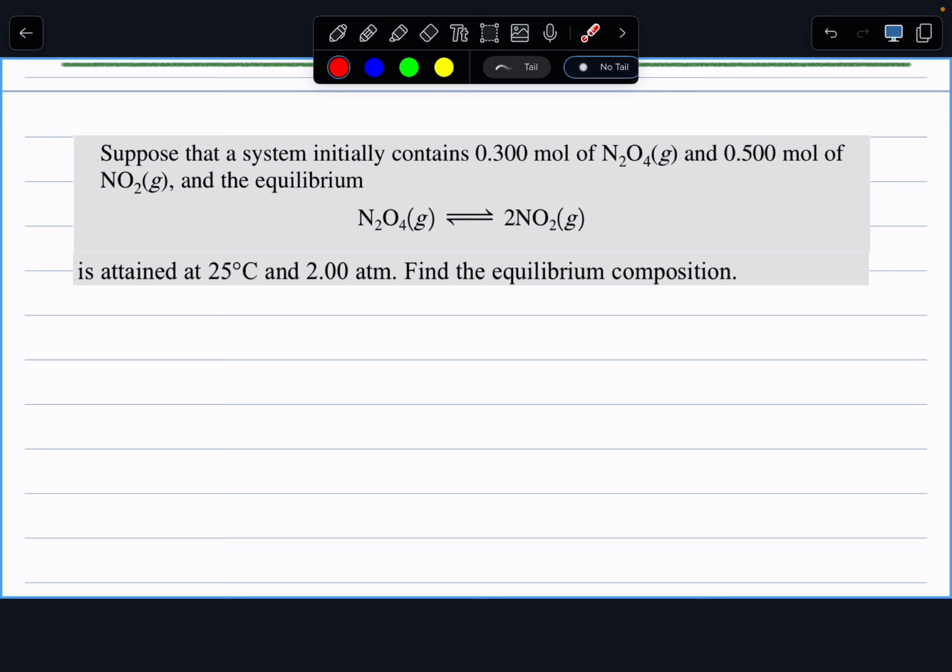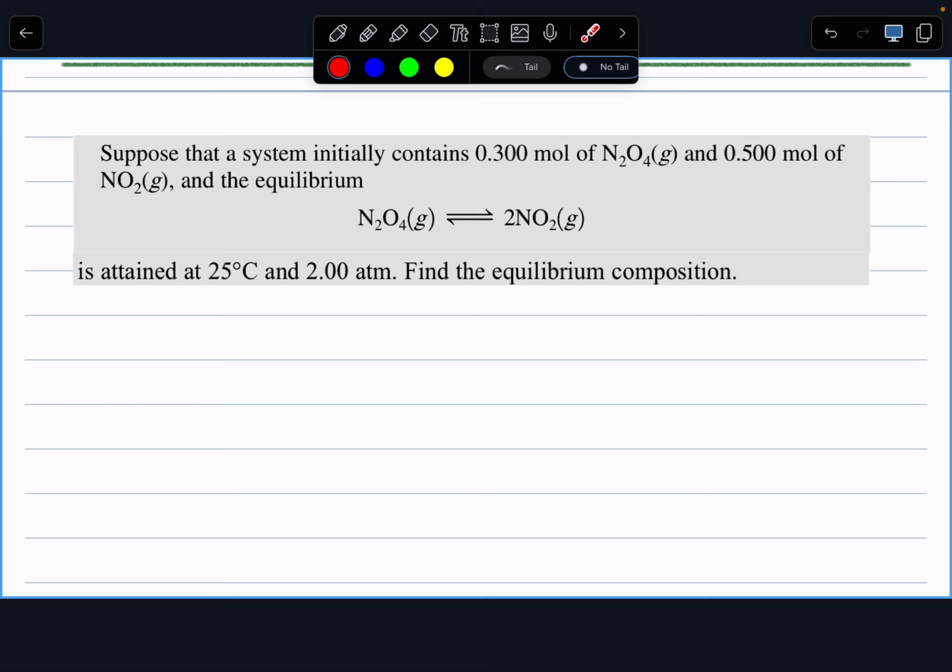So my P_i equals chi_i times P. So the mole fraction times the total pressure here. So what is this number? My partial pressure of N2O4 equals the mole fraction of N2O4, and that is this one, 0.300 minus C over n total, times the total pressure.